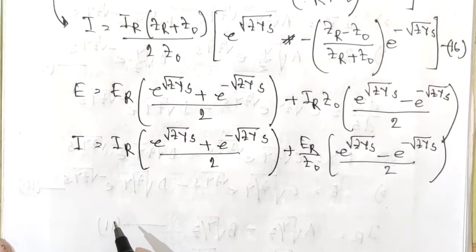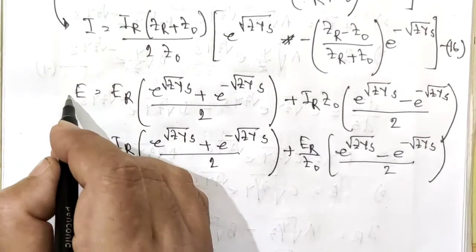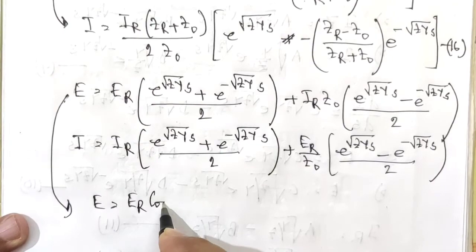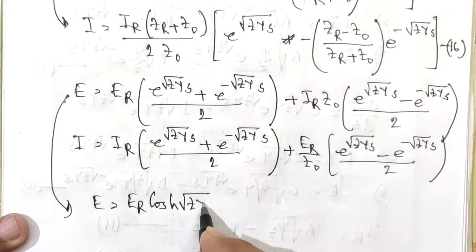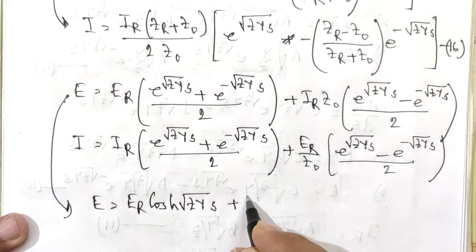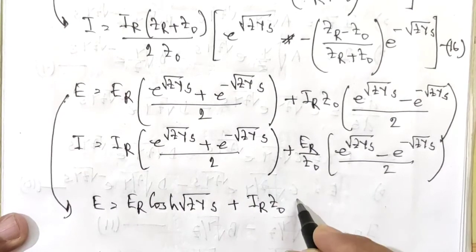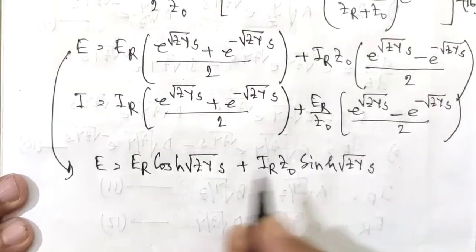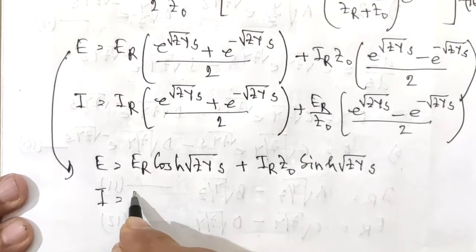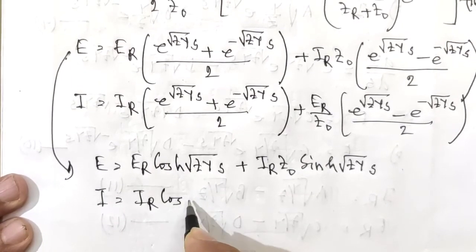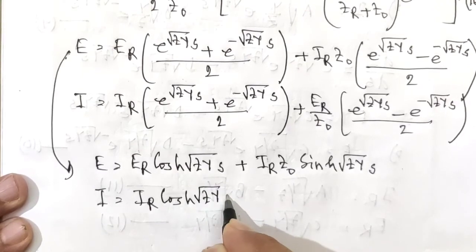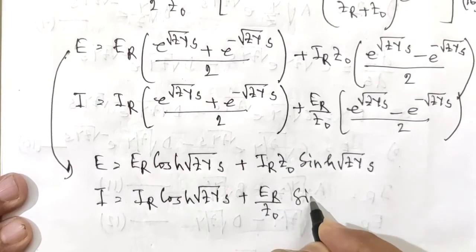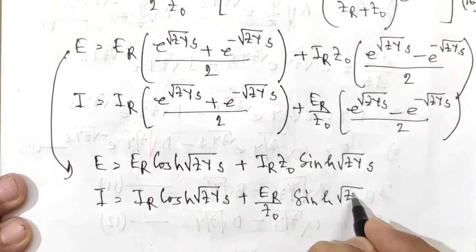And as you can find that these two equations can be recognized as E equals ER cos hyperbolic root ZYS plus IR into Z0 sin hyperbolic root of ZYS, and then I can be written as I equals IR cos hyperbolic root of ZYS plus ER by Z0 into sin hyperbolic root of ZYS.